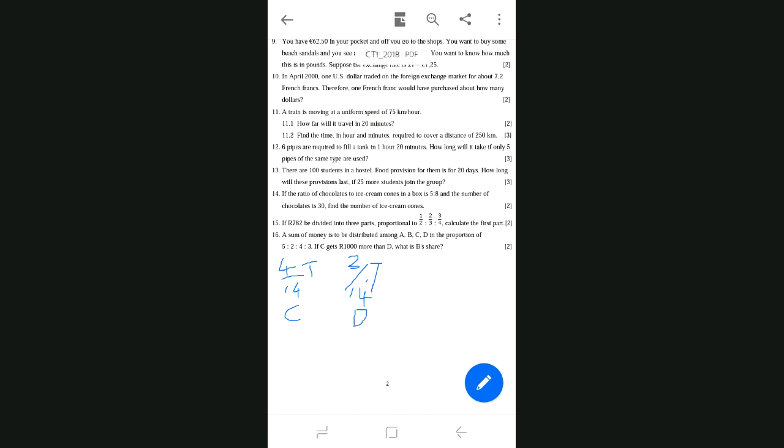Yes. Okay, now they said C share was 1,000 more than D share.